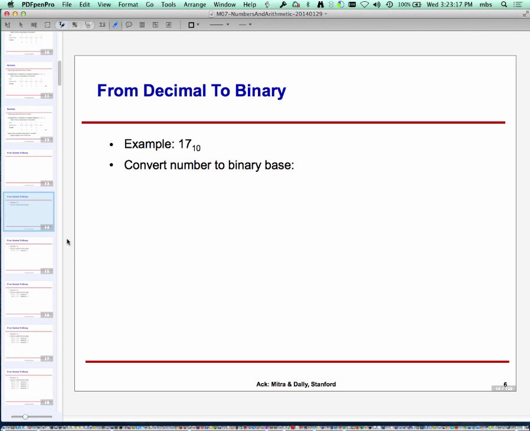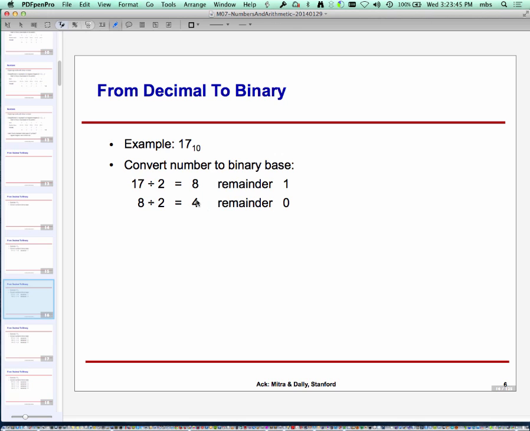So let's say we want to convert 17, which is in base 10, to a binary base. So what we do is we first try to figure out whether the number is even or odd. So we can do it by doing a divide by 2 and looking at the remainder. So we get 1. Then we want to find the next bit. So we look at 8 divided by 2, we get a remainder of 0.